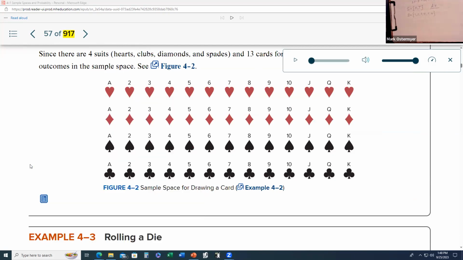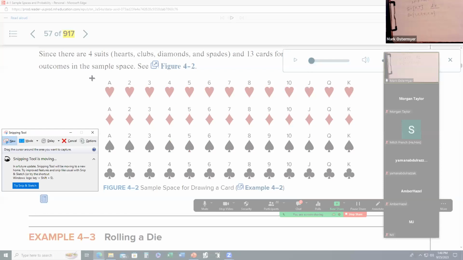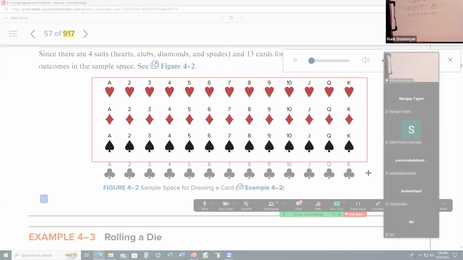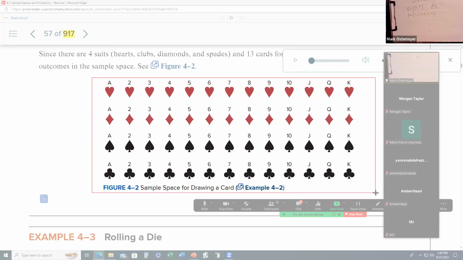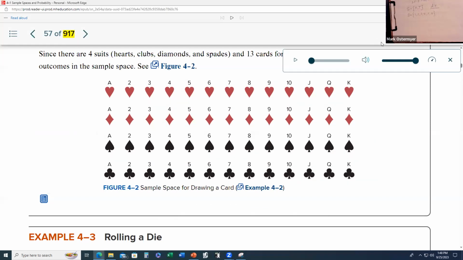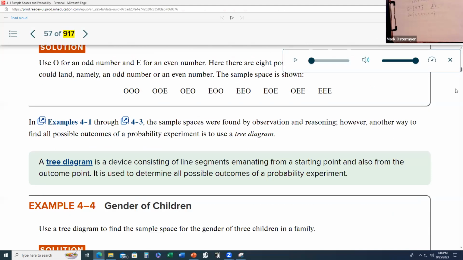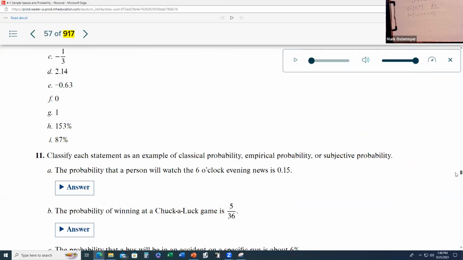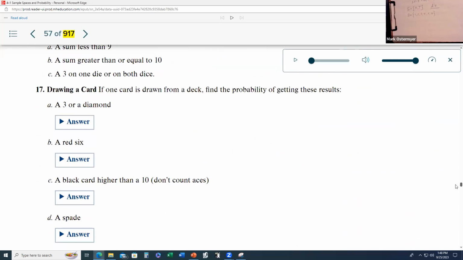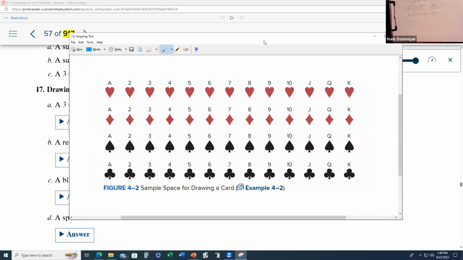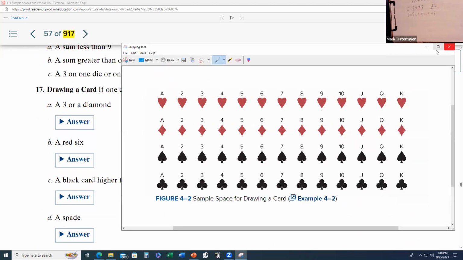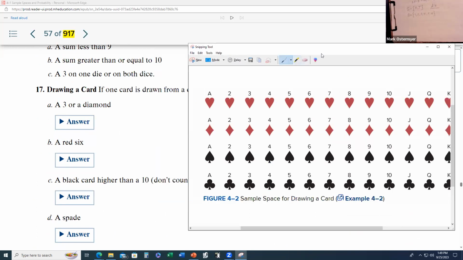All right, let's go back down to our problem. Let's see if we can bring this up so we've got something to look at. It would have to be huge like this. Shrink it a little bit here.